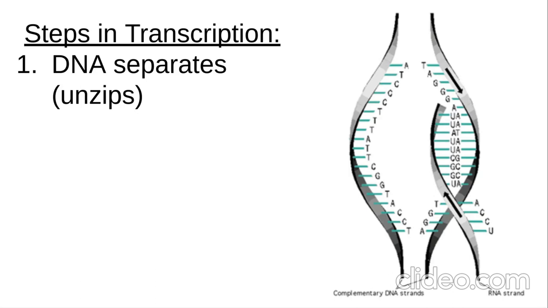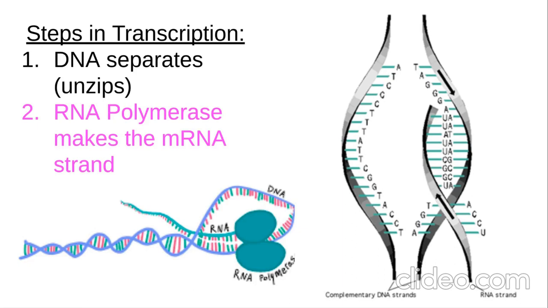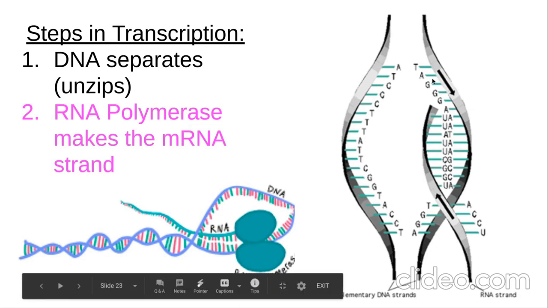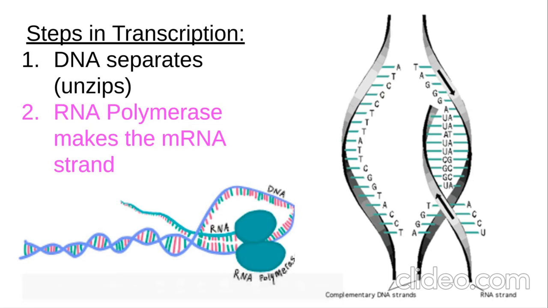After our DNA unzips, you'll see there's this other strand that we're making that attaches to it. So an enzyme, a helper molecule called RNA polymerase, is going to make this messenger molecule. So our DNA is unzipping. How are we going to get the message out?